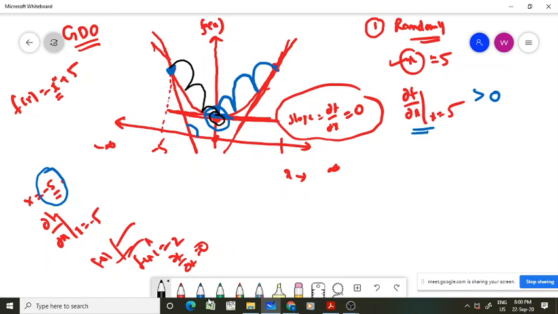Next, we are going to discuss the step-by-step procedure for the gradient descent optimization algorithm by taking a small example, x square plus 5, right? Observe here: if the initial point gives a positive slope, the gradient optimizer tries to move that point toward the negative slope side.